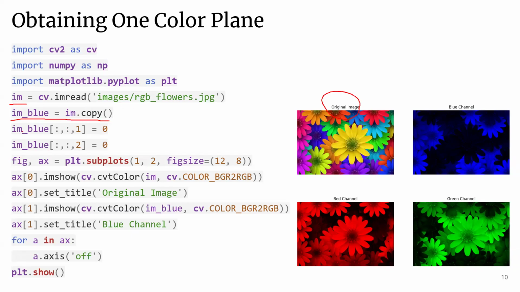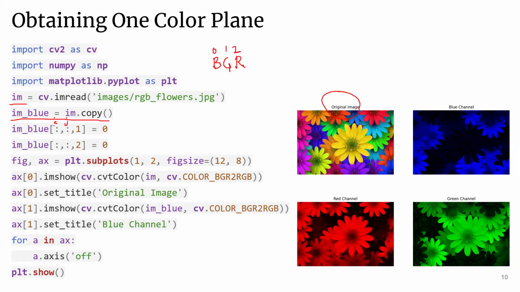To keep the blue one, the first axis is the i axis, this is the j, and these are the 3 color planes. We know that when you open an image in OpenCV, it's BGR. So B corresponds to 0, G corresponds to 1, R corresponds to 2.